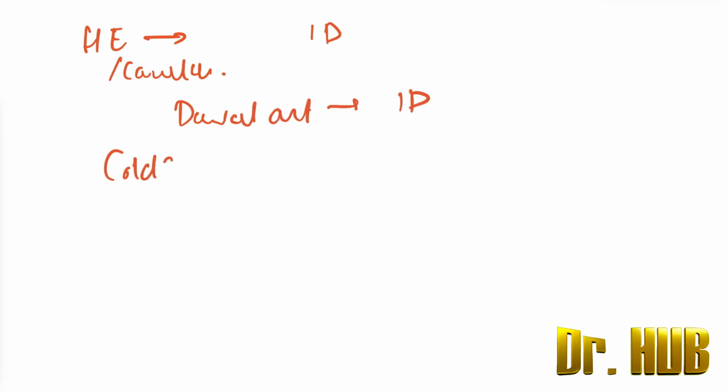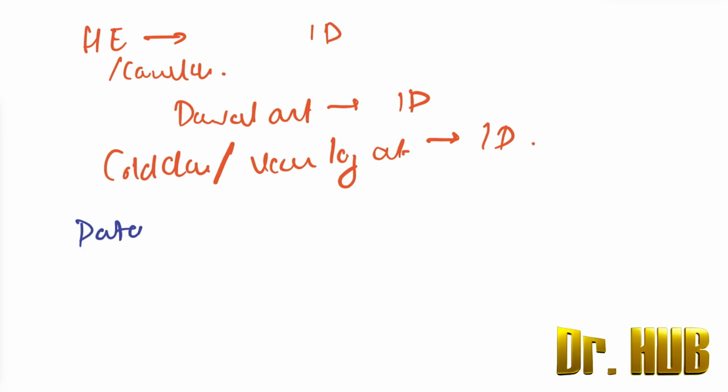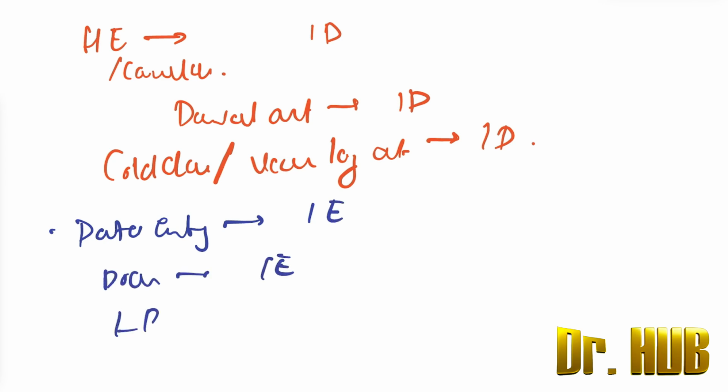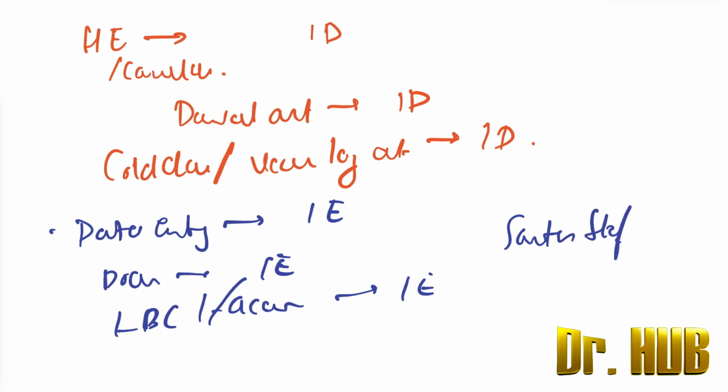Then the cold chain or the vaccine logistic assistant is going to be 1D. Looking at the data entry operator, this will be 1E. Dresser is 1E. LDC or the accountant is going to be 1E. And the sanitation staff will be 1E.